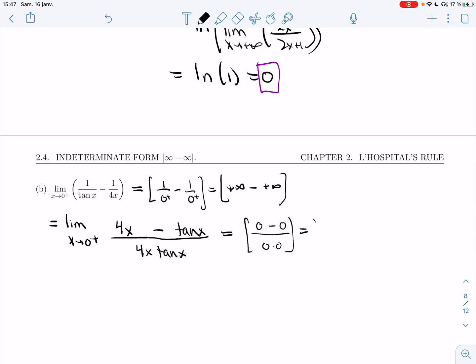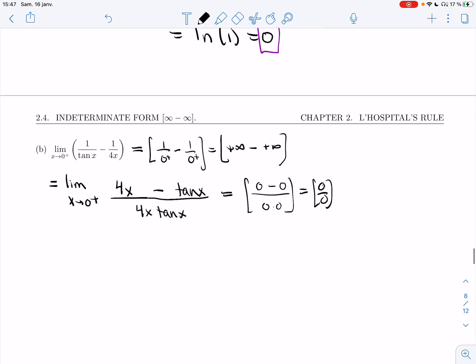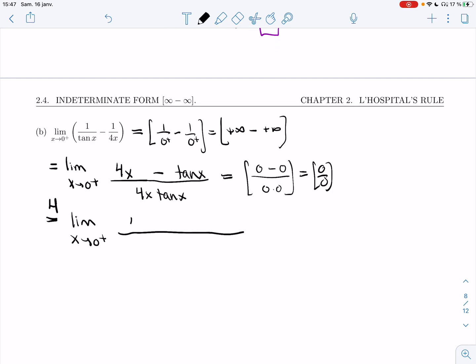All right, perfect. Now I have 0 minus 0 over 0 times 0. I have 0 over 0. I can use L'Hopital. I'm going to take the derivative of the top and the bottom. The top will not be so bad because it's a sum, and sums act nicely. So 4x is going to give me 4. They're easier to differentiate. And tan of x, the derivative, I'll give you 1 letter, 2 letters.